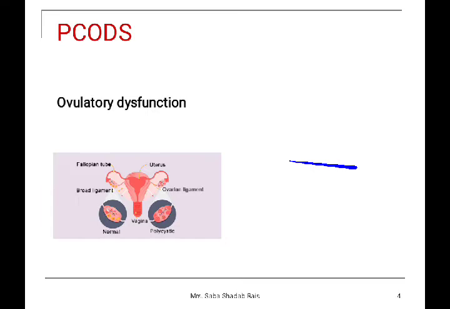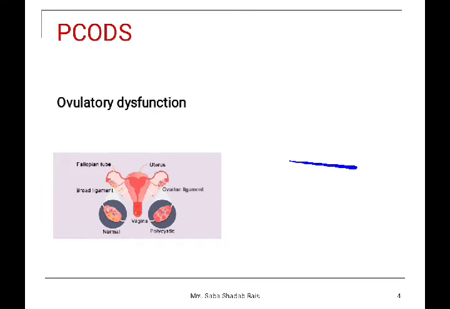This ovulatory dysfunction results in menstrual irregularities. Sometimes the female may get oligomenorrhea. Oligomenorrhea means infrequent menstrual periods, and even the female may get amenorrhea. Amenorrhea is the absence of the menstrual cycle.